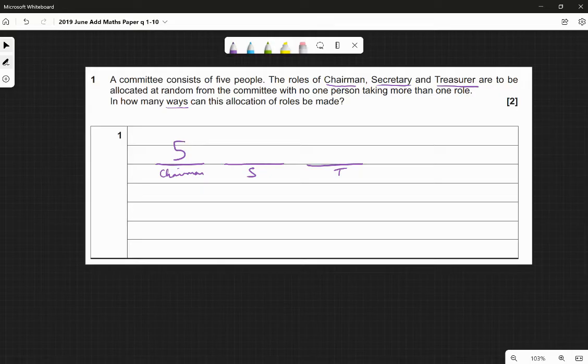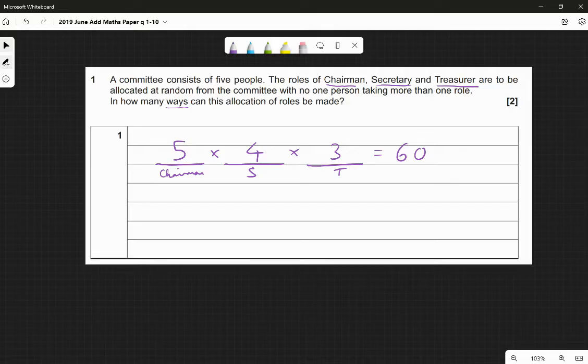Once I've chosen the chairman, the secretary can be chosen from 4 people. So there are 4 choices left. And once I've chosen the secretary, I've got now 3 choices for the treasurer. So this is 5 lots of 4 lots of 3, which is 60 different possible options for ways in which I can choose these 3 roles from 5 people.